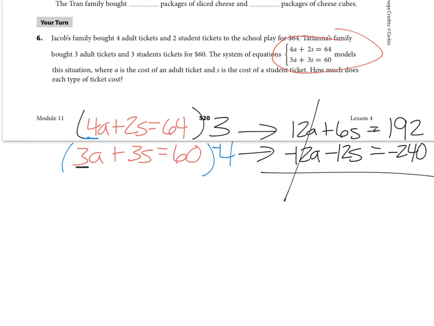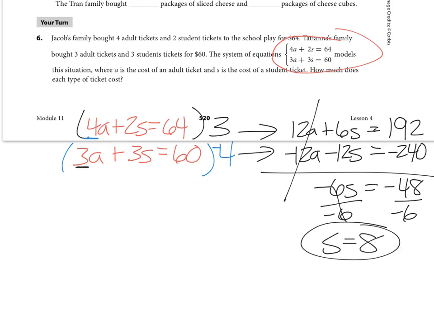So again, those are going to eliminate or cancel. I get negative 6s equals, now combine here and you get a negative 48. Divide by negative 6, s is 8. Now to get a, go back and plug into one of the equations. I'm just going to plug into this one.